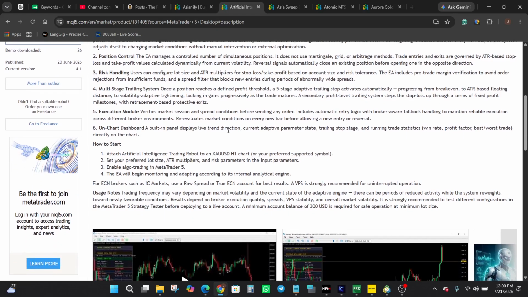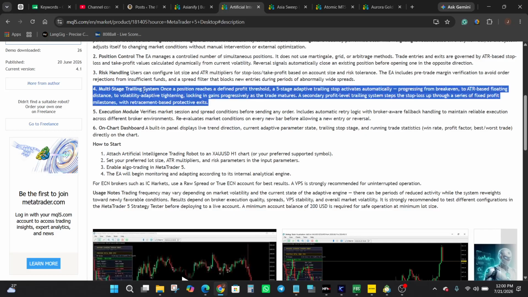There's also a five-stage trailing system that progressively locks in profit as a trade develops, and a spread filter that blocks new entries when spreads widen abnormally. Now, let us move into the historical testing.